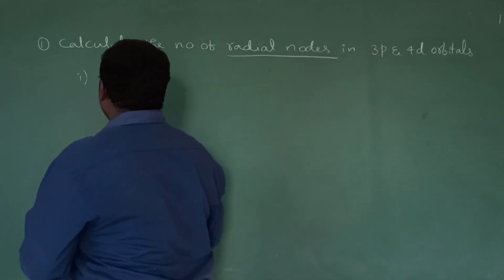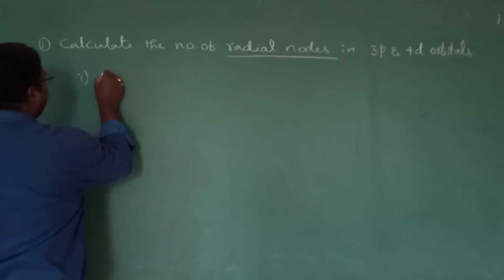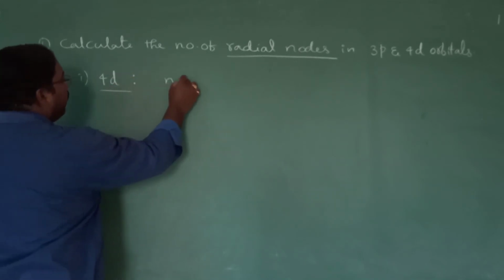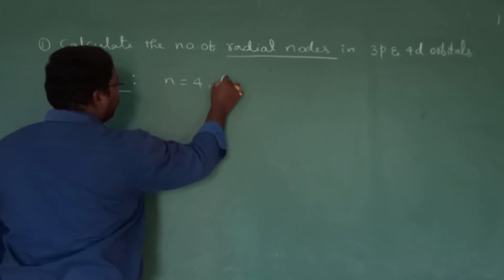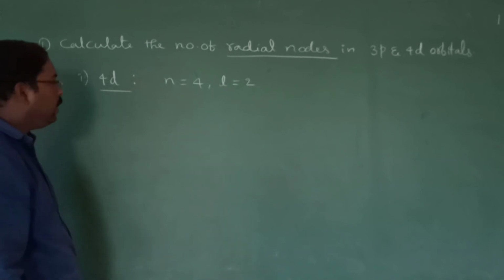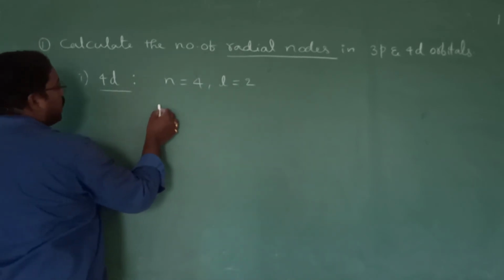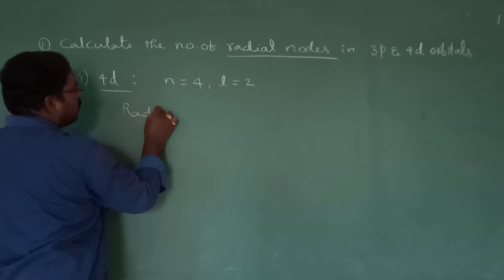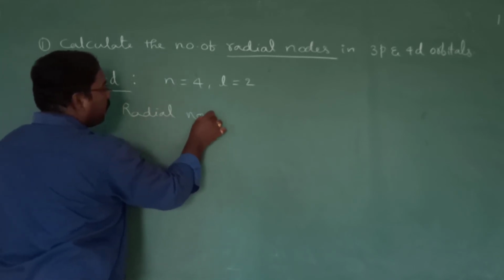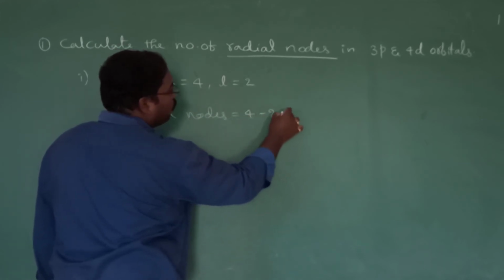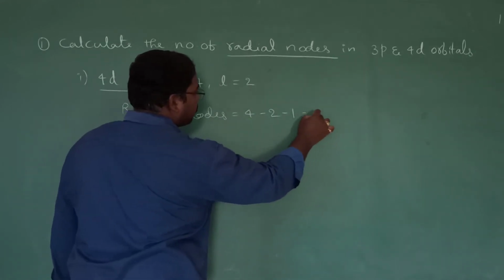Now coming to the other orbital given to us, that is the 4d orbital. What about the n value? n value is 4. L value for d orbital is 2. Okay? Now in this case, radial nodes is equal to 4 minus 2 minus 1.